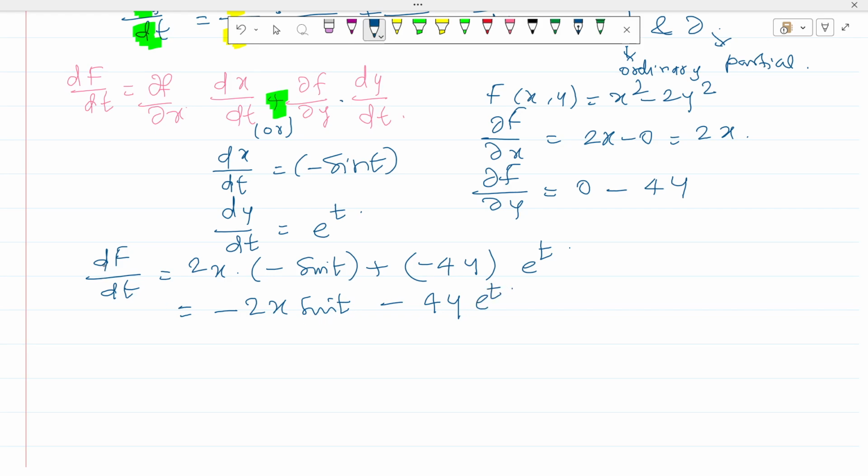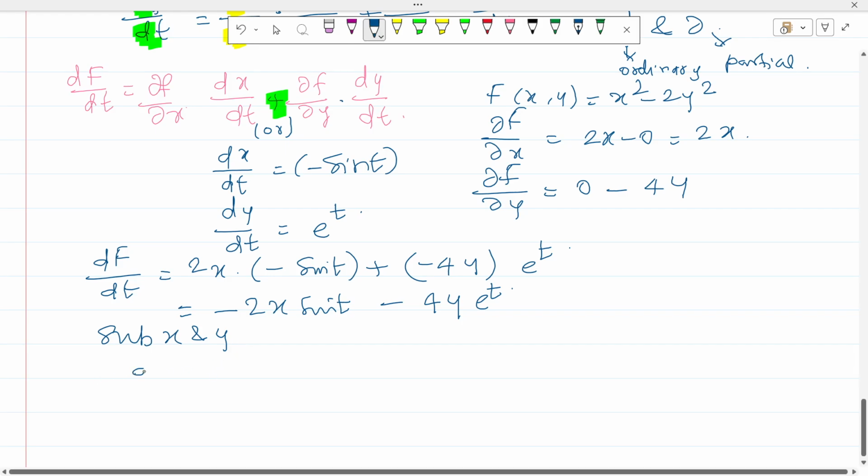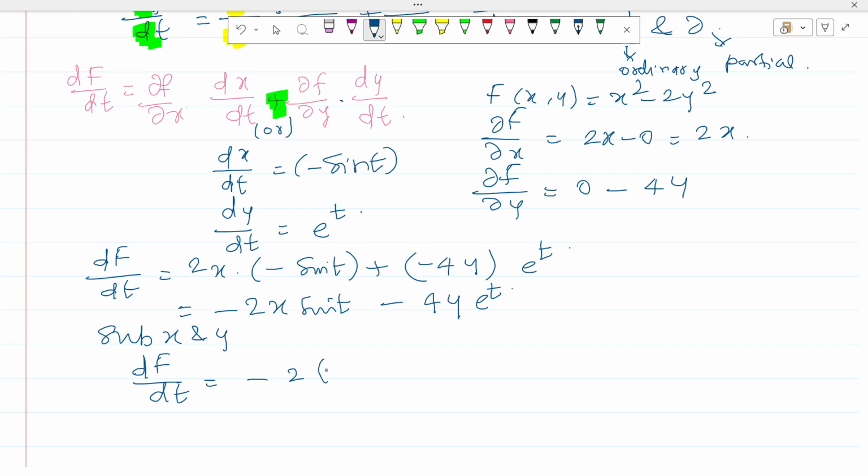But df by dt should be a function of t. It should not be a function of x and y. Therefore, substituting x and y here, we get df by dt equals minus 2, x is cos t, so sin t cos t, minus 4, y is e power t, into e power t.